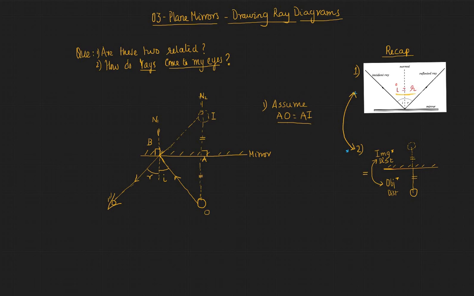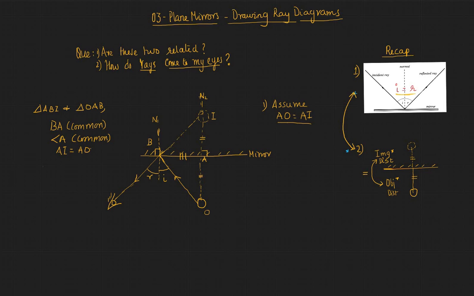Okay, so now if you observe these two triangles, triangle ABI and triangle OAB, we can see that BA is a common side, and also you can see angle A is also common, and of course our assumption is that AI equal to AO. So both these triangles are congruent.